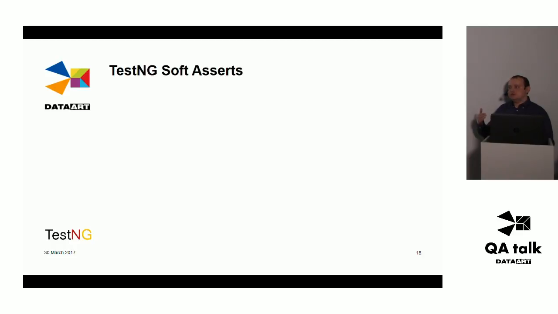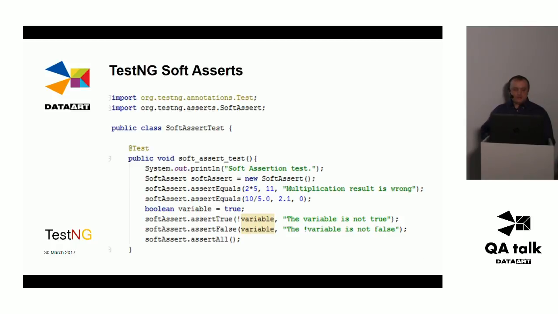So we would like to go somewhere, navigate, check something, then go to another point and check this point too. And we would like to check all these points and not stop on the first step, but go further and check something else. So for this purpose, TestNG uses soft asserts. So you can check a few things, and then you can just assert them all.